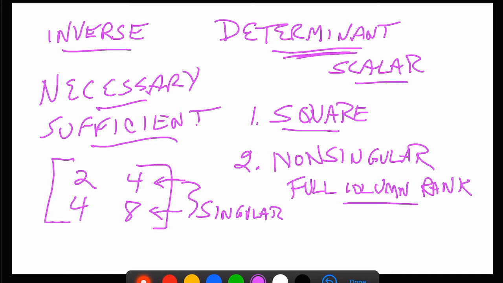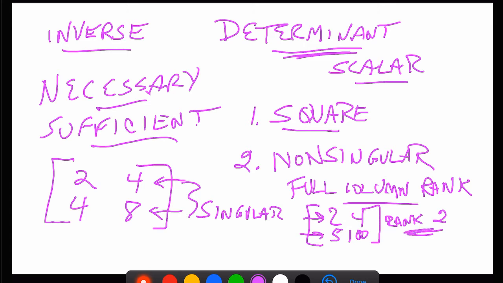So instead, if I have this matrix, that has a rank of 2 because it has two independent rows, or two independent columns, same thing.